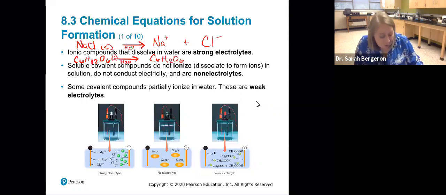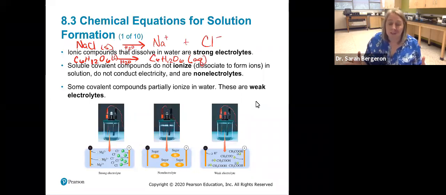It didn't change. It's just now surrounded by water, so we call it aqueous. But did we make any ions? No, we have no ions. We have no charged particles, and so they don't conduct electricity. If all you had was sugar inside of the pool, you would be fine. It wouldn't propagate an electrical signal.